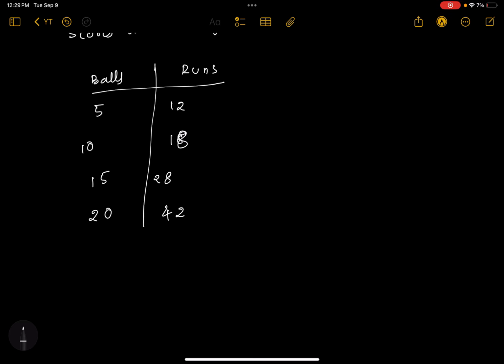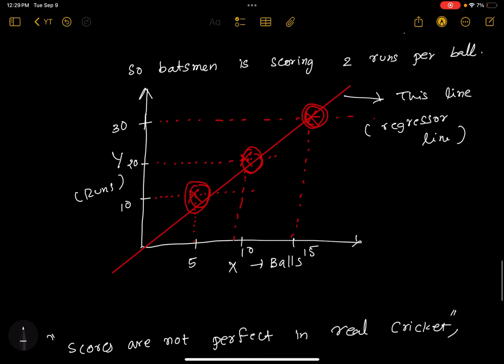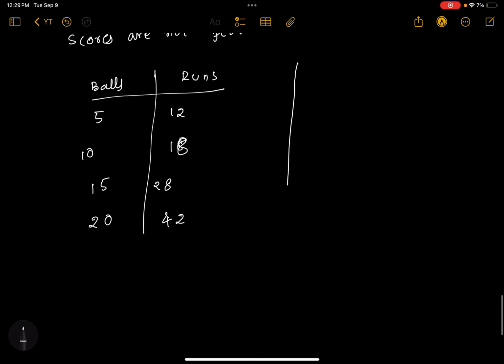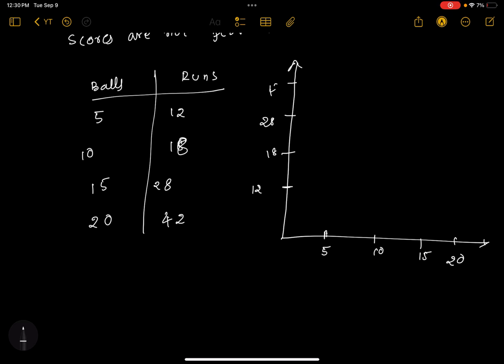So if I plot these points, they won't sit in a perfect straight line. Let me show you. This is a graph. So 5, 10, 15 and 20, and I'm just taking arbitrary points: 12, 18, 28, 42.